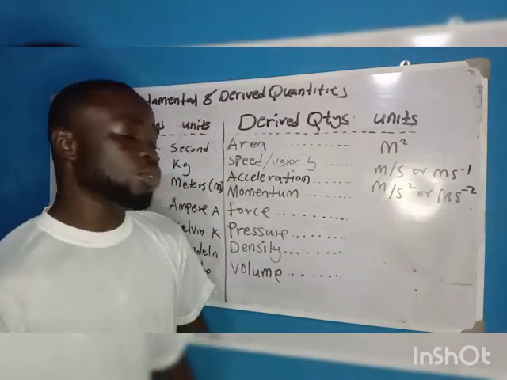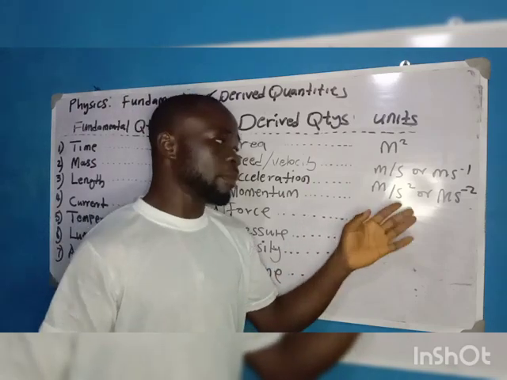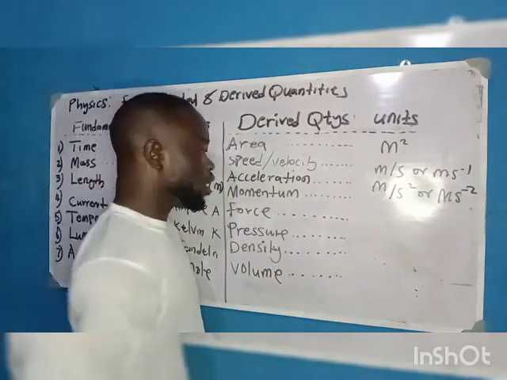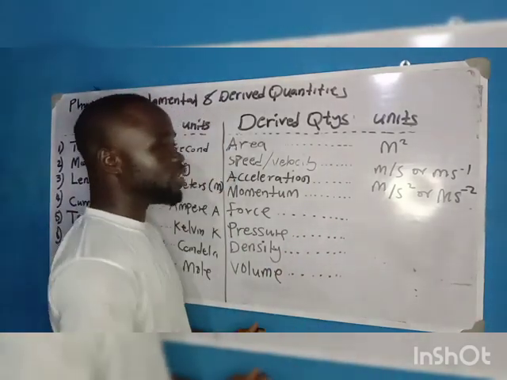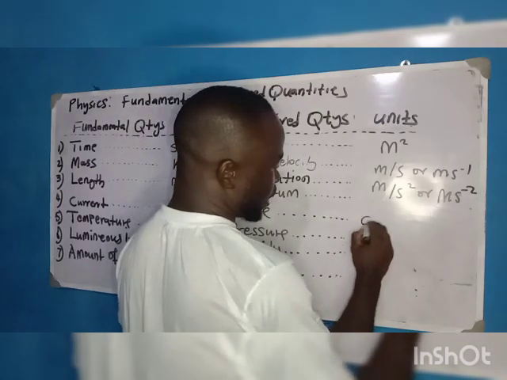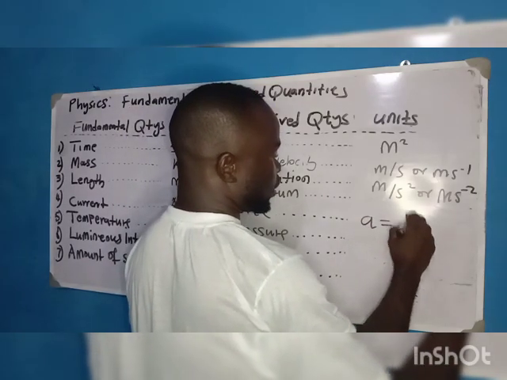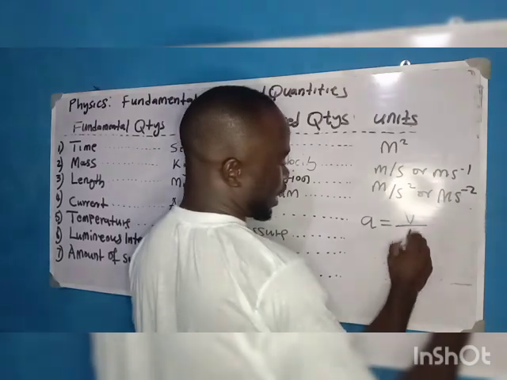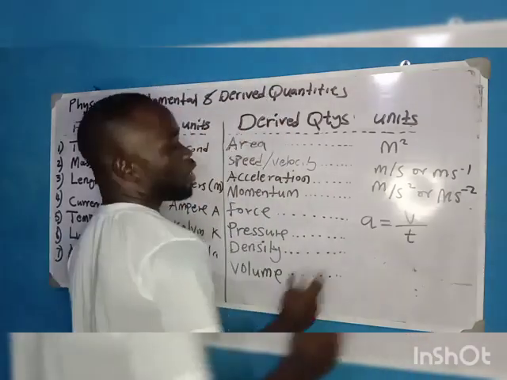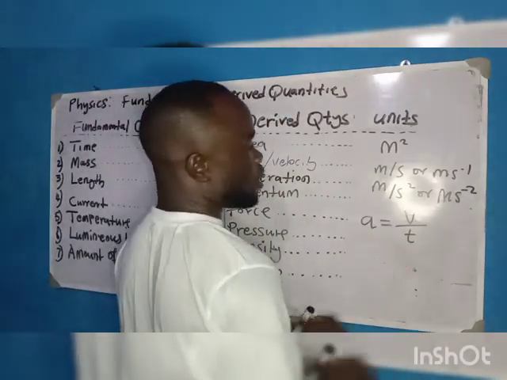How do we get the unit of acceleration to be meter per second square? Simply because acceleration is change in velocity over time taken. That means acceleration a is equal to change in velocity over time. We already know the unit of velocity is meter per second.